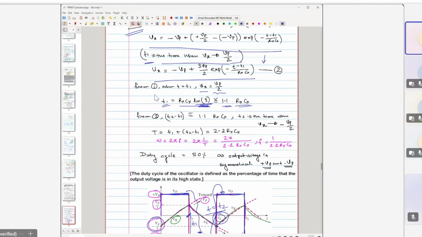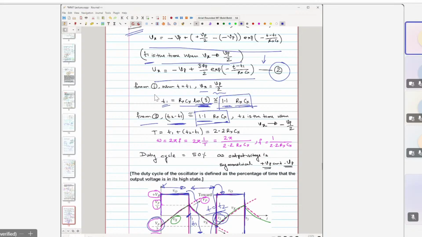So put that criterion in this expression, and you will get t2 minus t1. So t2 minus t1 again comes out to be the same 1.1 Rx Cx. So you can see this and this are the same. So what does that mean? That means the on time and off time are the same.